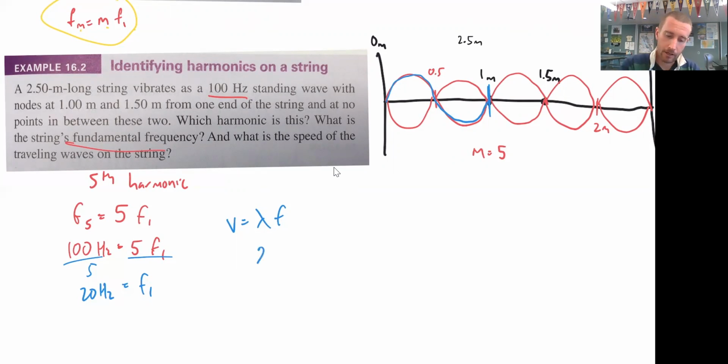So the wavelength here is 1 meter, times the frequency, which was 100 hertz, gives me my wave speed. 1 times 100 is 100 meters per second is the wave speed. And there we go.